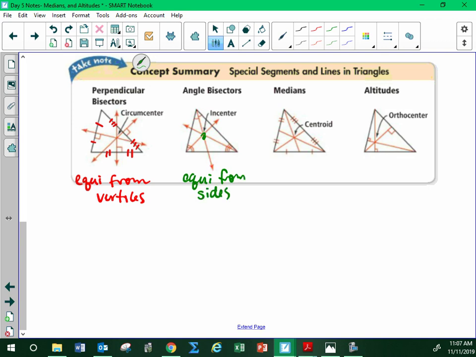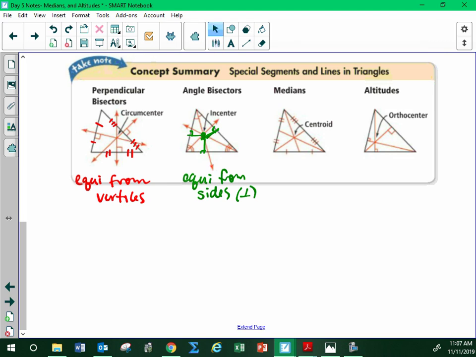And remember, it's not the continuation of your angle bisector, but rather, when we're talking about distance from a point to the side, that perpendicular distance. So I'm going to put this in parentheses: perpendicular.